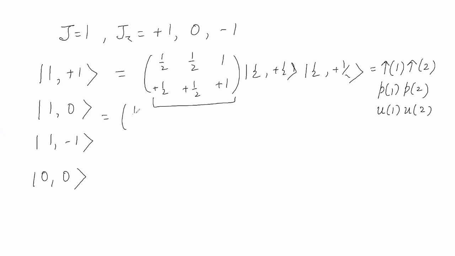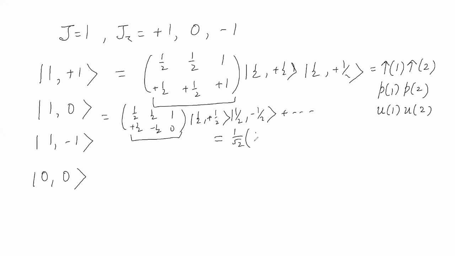While here, I wrote it as half plus half, half minus half, 1 0, half plus half, half minus half, and similarly the other possibility. And today we calculated that both will turn out to be 1 by root 2.